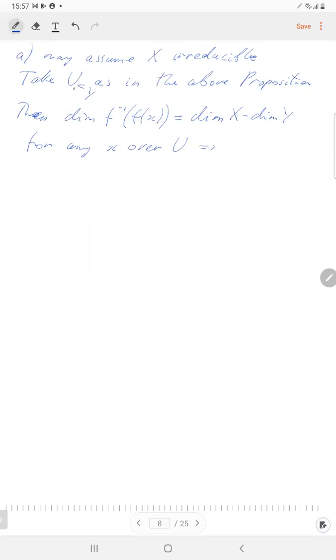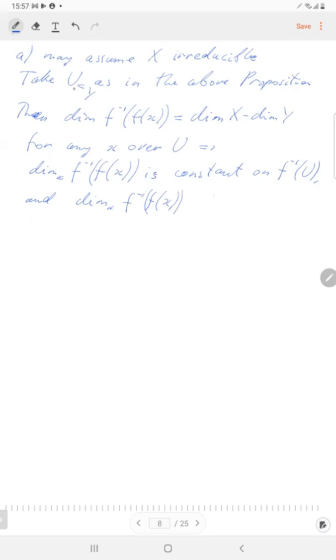And hence this local dimension of the fiber is constant over U, and it's constant on the pre-image of this U, and we know that the local dimensions of the fibers everywhere else are at least, let's call this constant C, at least this constant C, right?